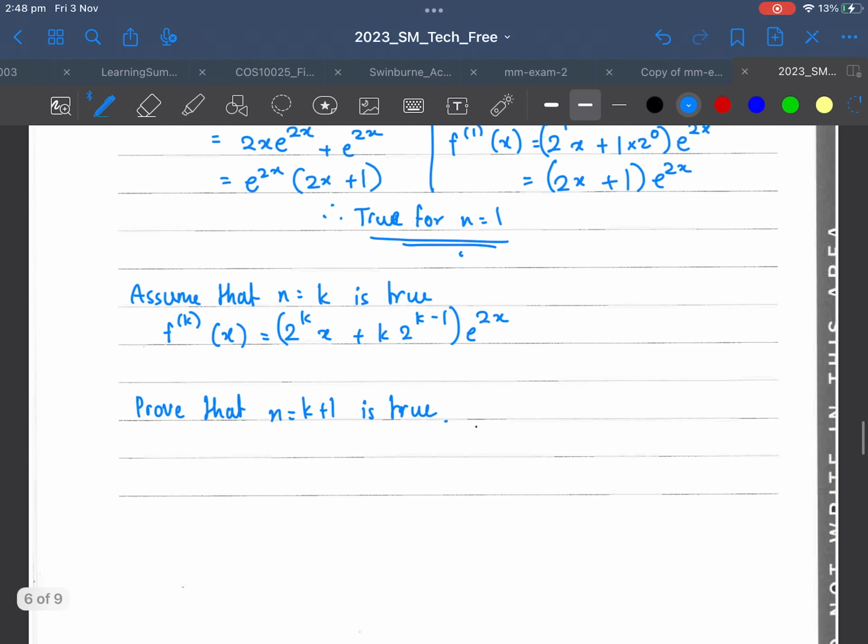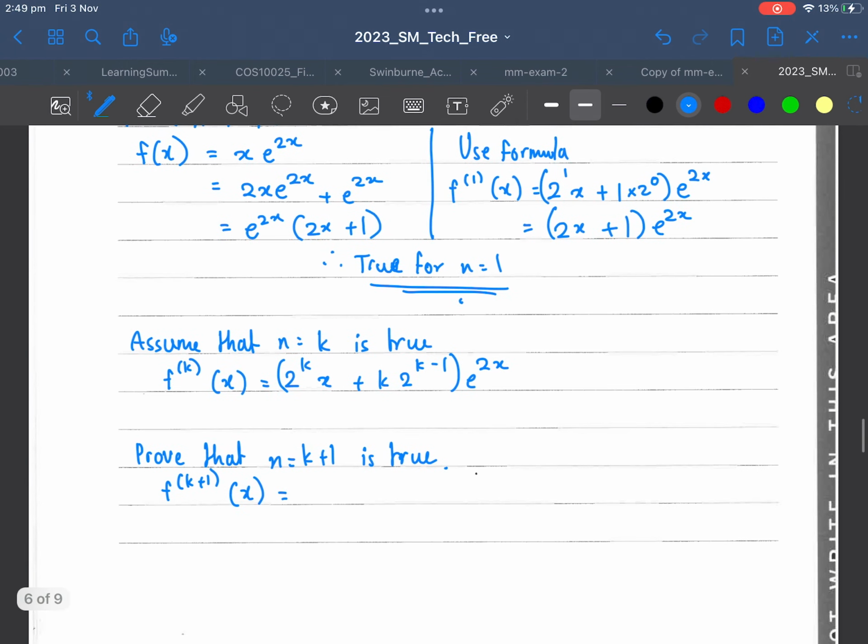So what I'm going to do is first apply the formula, so f of k plus 1 of x would be equal to, what is the formula again? Actually, maybe I can just get it from here: 2 to the power of k plus 1 x plus k plus 1 times 2 to the power of k plus 1 minus 1, so just 2 to the power of k, all of that times e to the power of 2x.